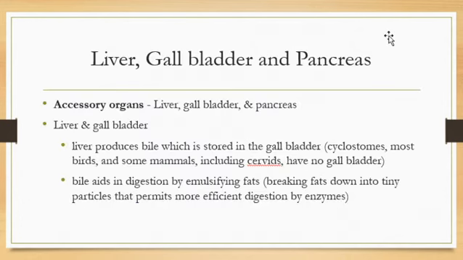So, we have the last portion, the accessory organs of the digestive system. We have the liver, gallbladder, and pancreas. These are the accessory organs for the digestive process. Why? Because the liver detoxifies, emulsifies, and releases salts to emulsify fat, and it is connected to the intestine.